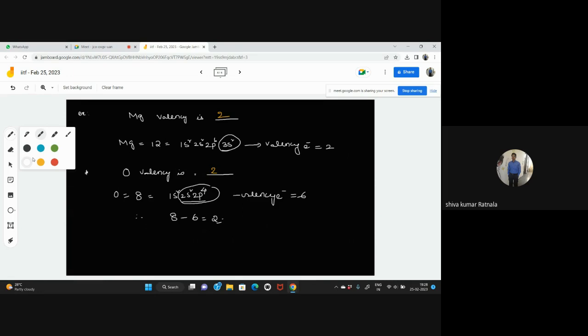Okay, now students, how does valency change in groups? In groups, valency remains the same.